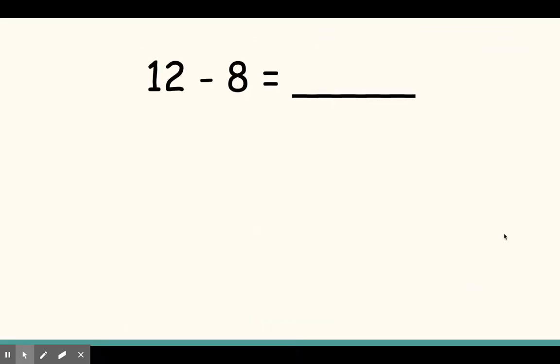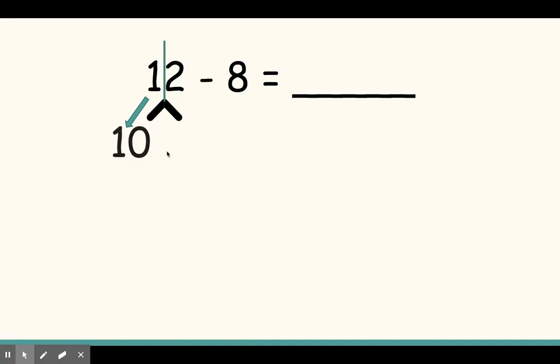Let's look at 12 subtract 8. Let's try and do this without drawing our pictures of our 5-group columns. Here's 12. We need to divide 12 into its place value parts. So the 1 here, what does 1 represent in 12?